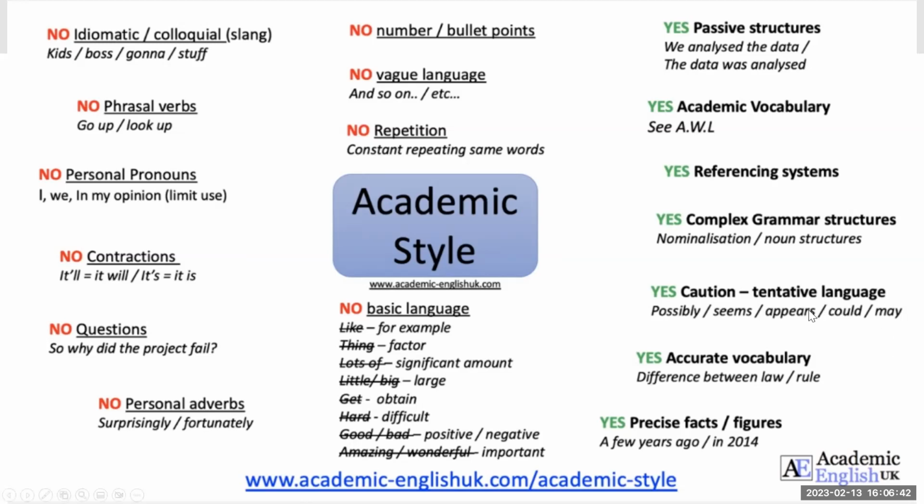Tentative language sometimes if the academic writing includes proposing a theory, suggesting an idea, a hypothesis or whatever, but also precise facts and so forth in academic writing, where students have done their research, they've collected the facts from a piece of research and they're going to be writing about that. So it's massively different from what they're used to. The language is likely to be more sophisticated, it's not flowery, unlikely to be humorous or frivolous or whatever. It's altogether a more serious business.